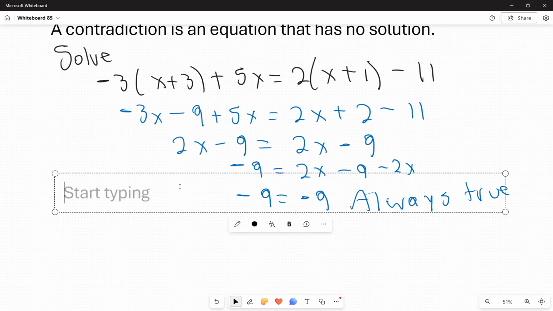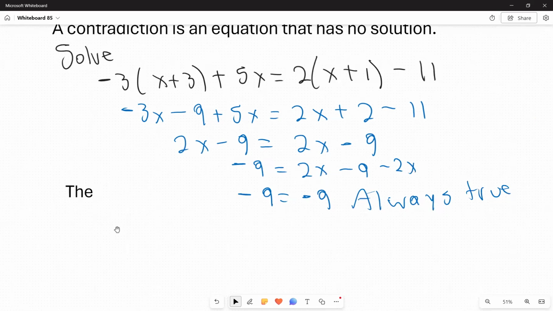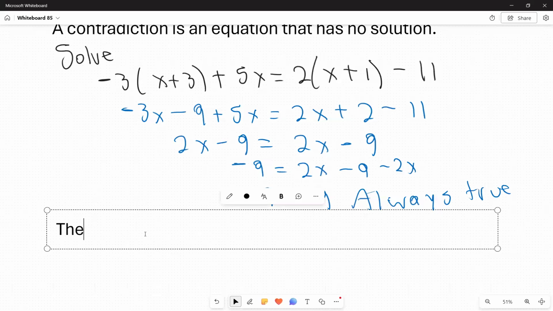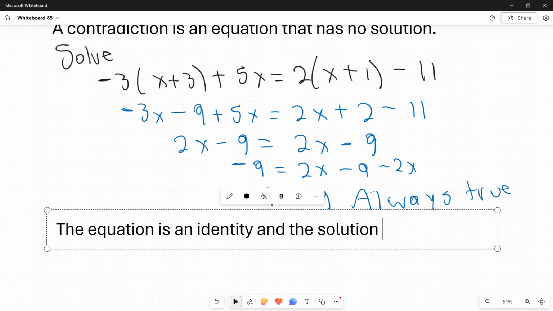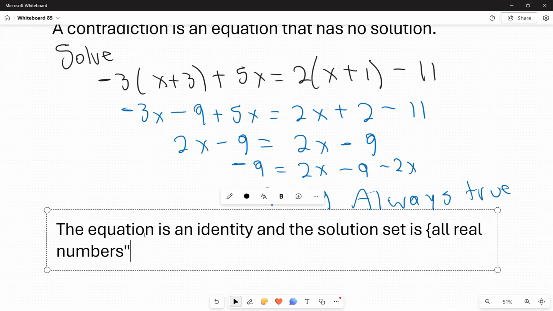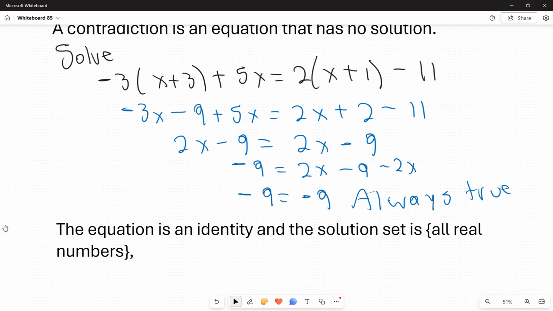So the equation is an identity, and the solution set is all real numbers. That's what the book has for the set of real numbers, just written within braces, but there are other ways to write it.